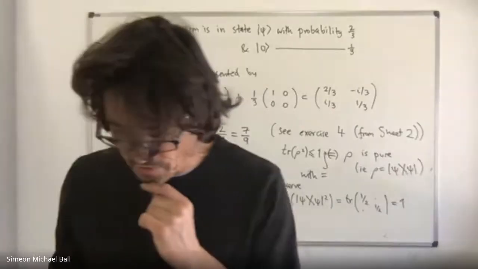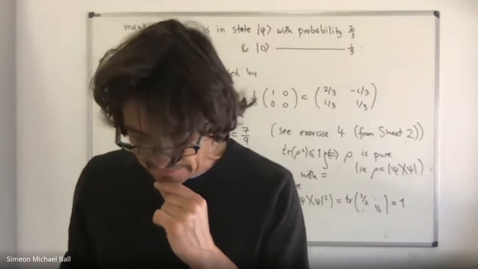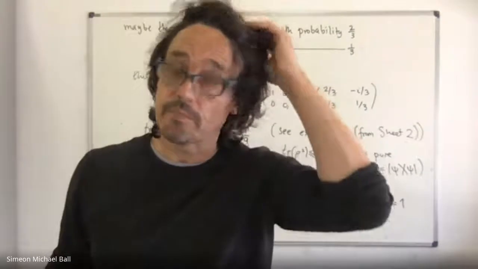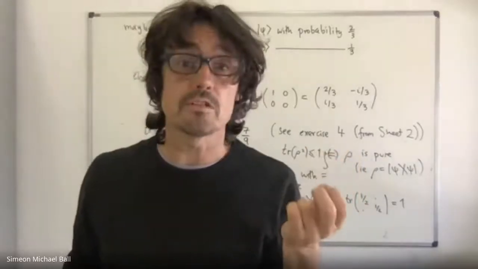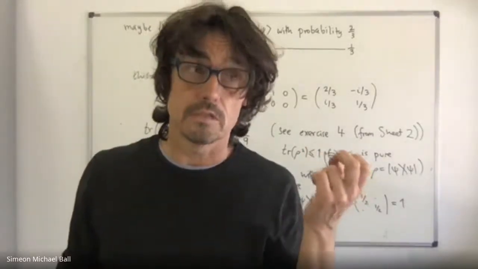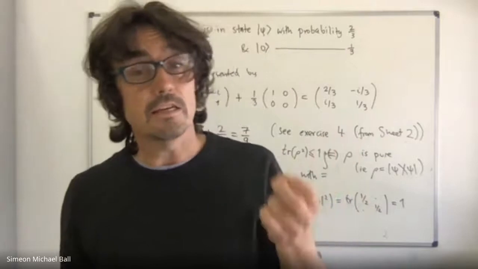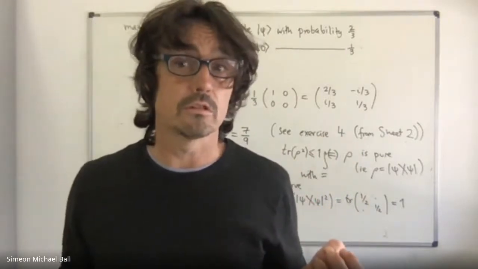Yes, because that was describing an ensemble of states, right? So in the example, we had two different ensembles of states with the same density operator. So what I'm saying is, in that case, you will not be able to differentiate between those two ensembles.